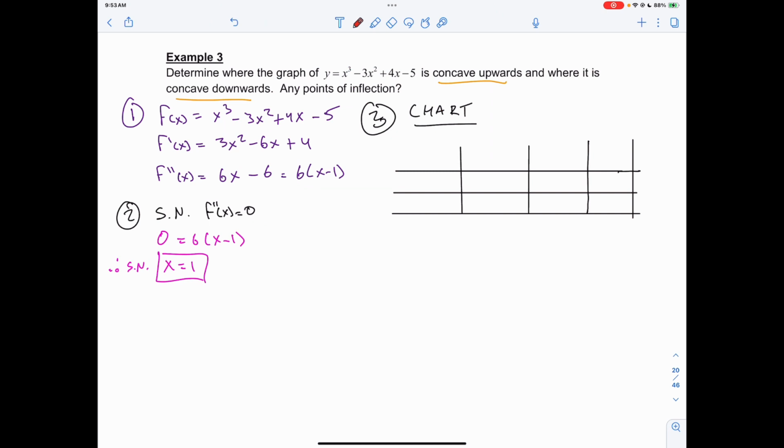And I know the intervals based on my significant number here are going to be going from negative infinity up to the significant number of 1, or from 1 up to positive infinity.